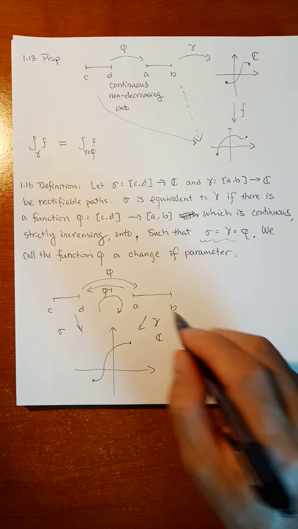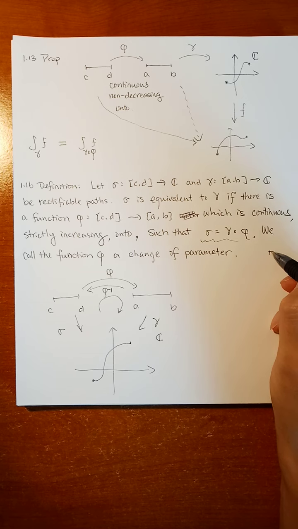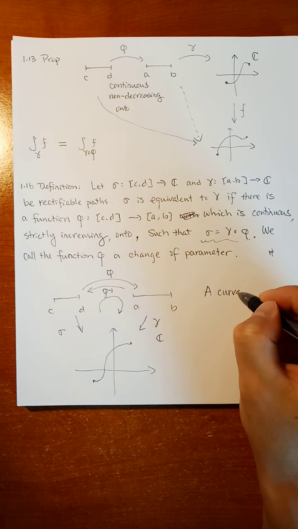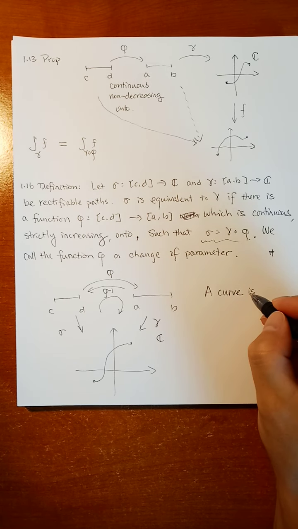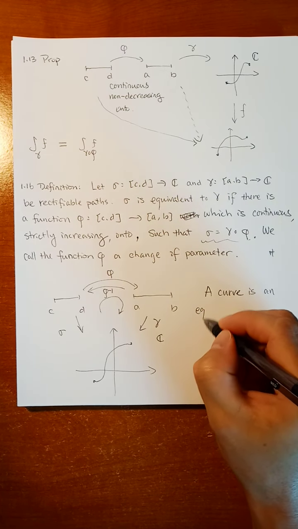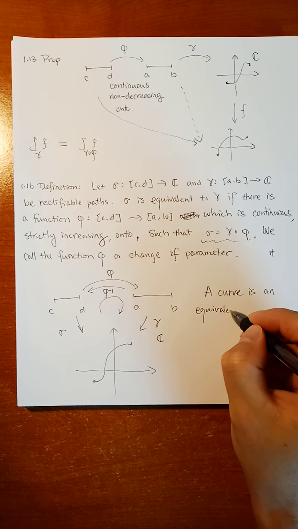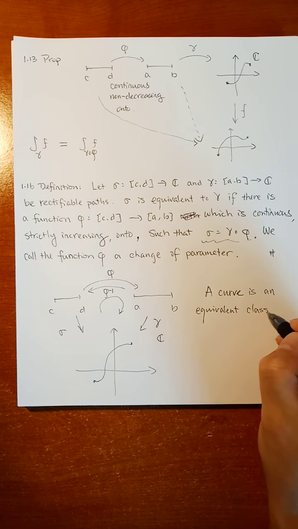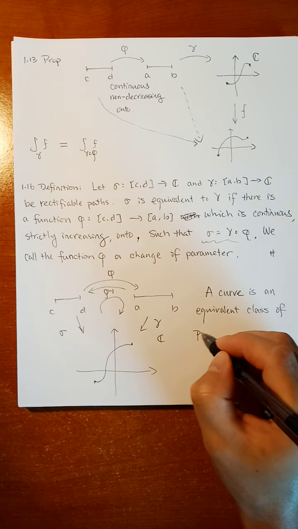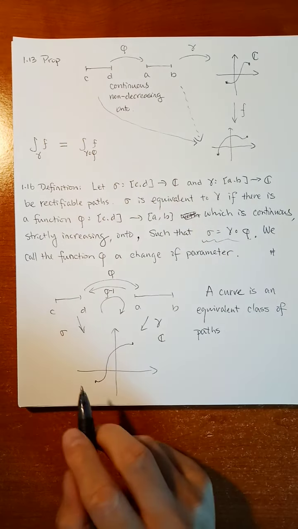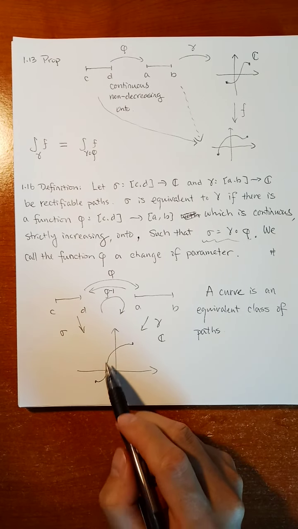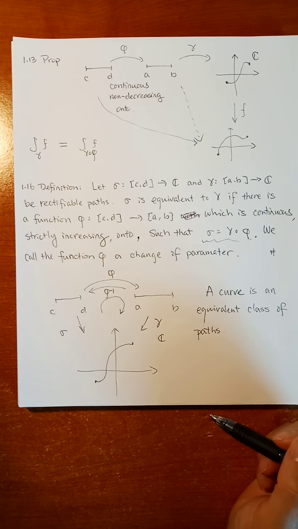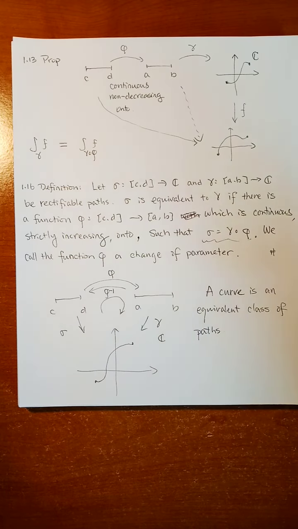Up to here, this ends the definition. Then you say a curve is an equivalence class of paths. This set is actually an equivalence class of realizations.